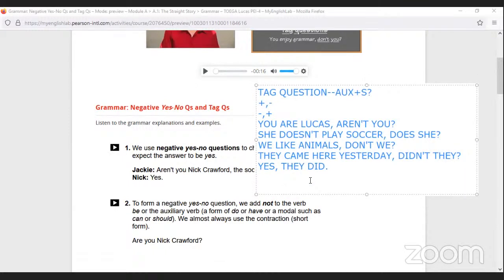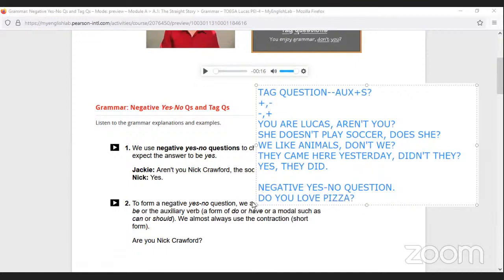After the tag questions, we have the other grammar that is kind of similar. These are called negative yes/no questions. They are simple because they are kind of the same questions we have in a normal way. For example, do you love pizza?